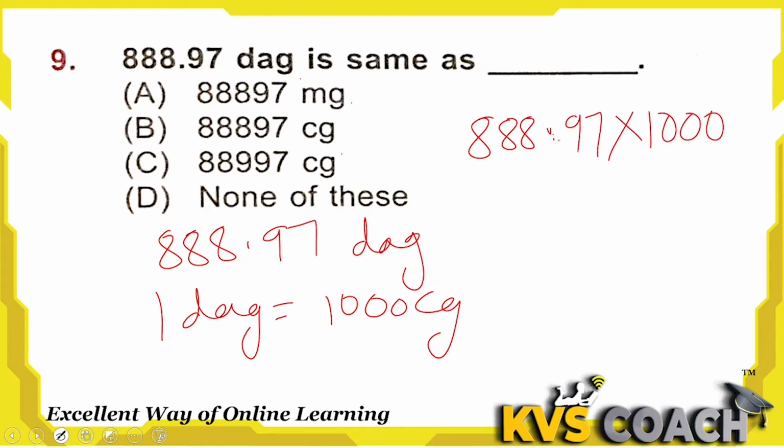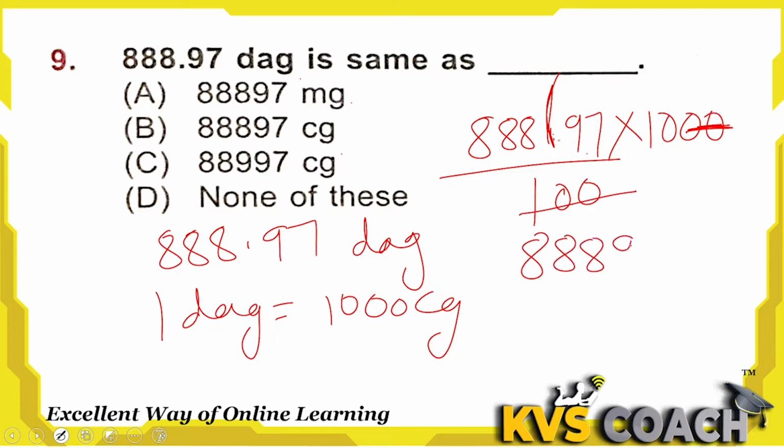I told you how to remove the decimal. Remove the decimal here, and here there are 2 digits, so we will put 100 here. 0 to 20, 20 cut. 10 has been left. So this will be 888.970. So this will be the answer, 888.970 cg. Where we have 888.970 cg, we don't have it in the options. So what will we do? None of these is the right answer here.